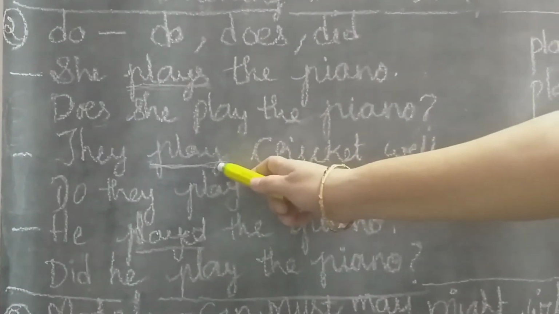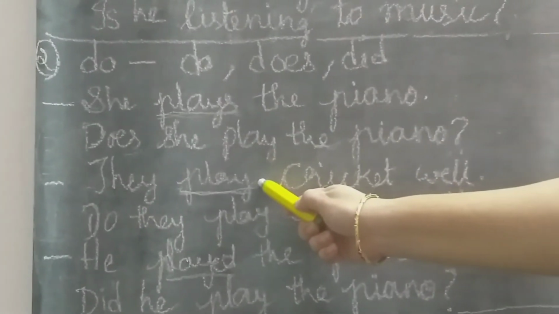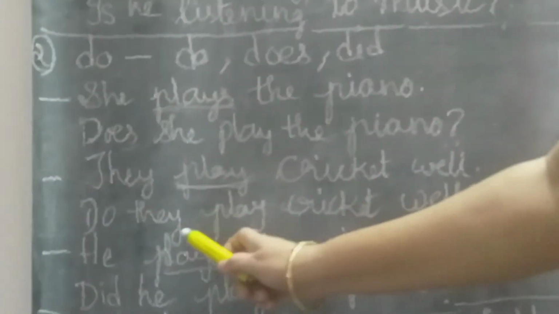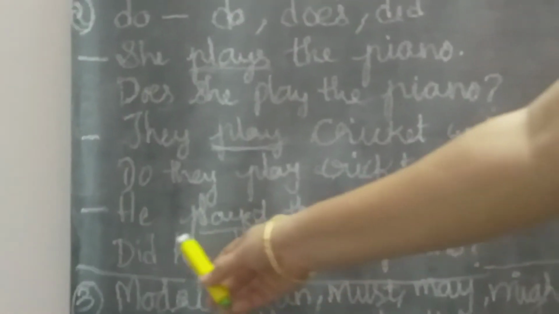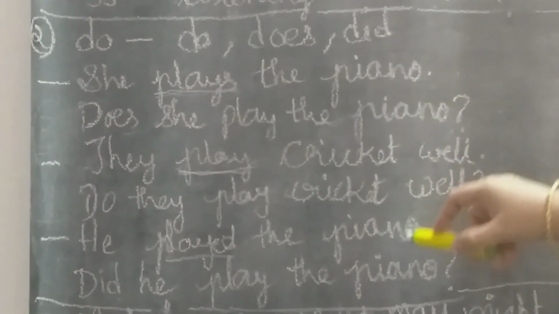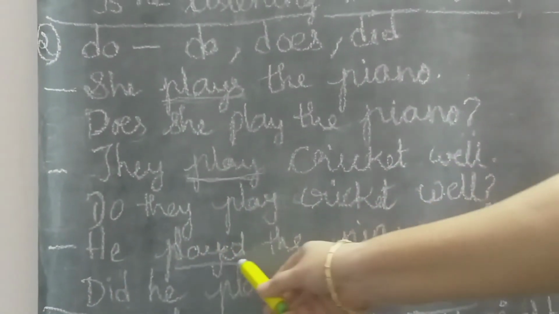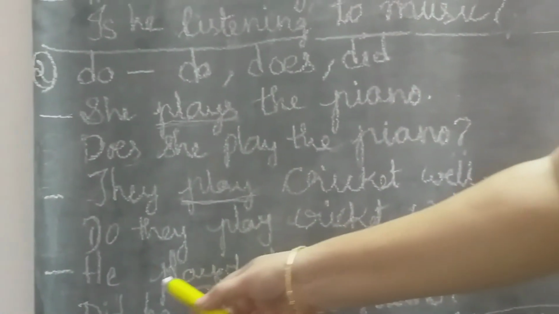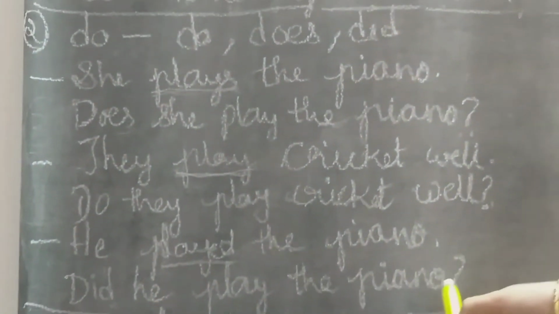We don't have any helping verb here. So we have to use a suitable auxiliary verb, that is do. Do they play cricket well? The third one, he played the piano. I used the same sentence but the tense is changed here. He played is the past tense verb, right? So for this, the suitable auxiliary verb is did. Did he play the piano?